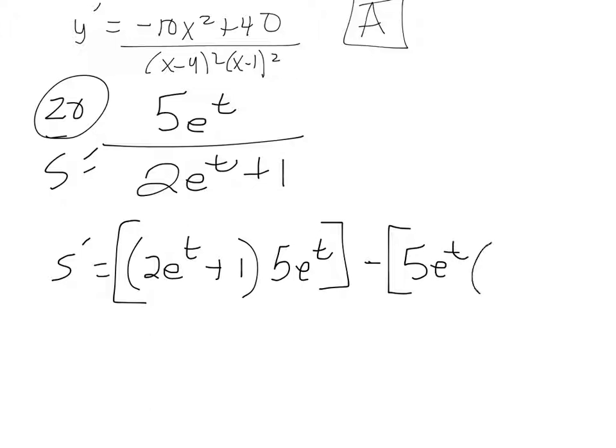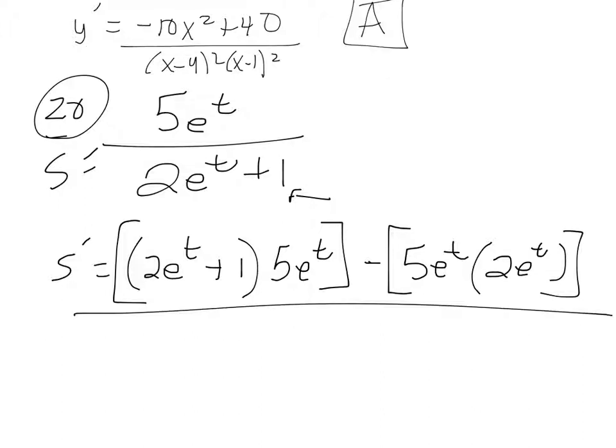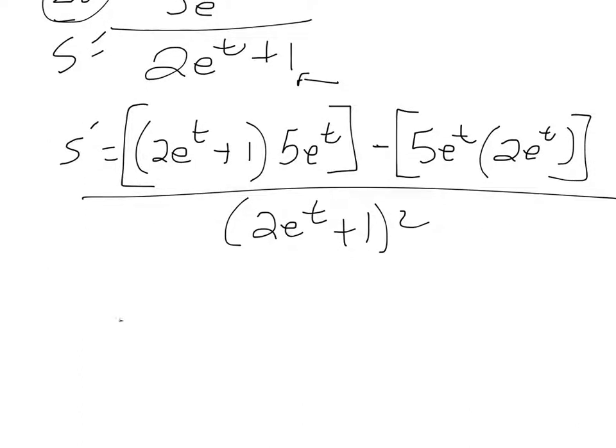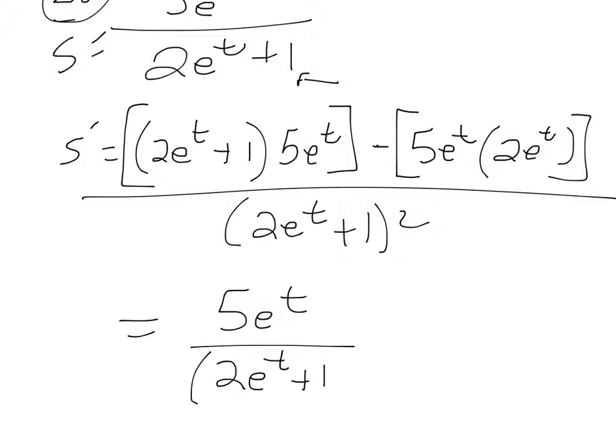What's the derivative of the bottom? 2e to the t, because that's a constant, so that becomes 0, all over 2e to the t plus 1 squared. And then surprisingly, when you multiply this out, things are going to cancel, and you get this squared.